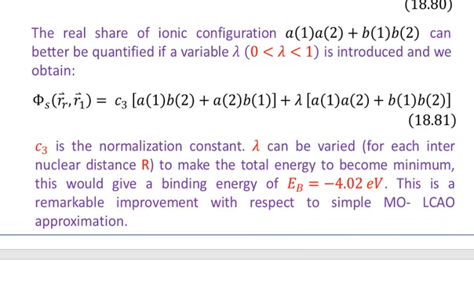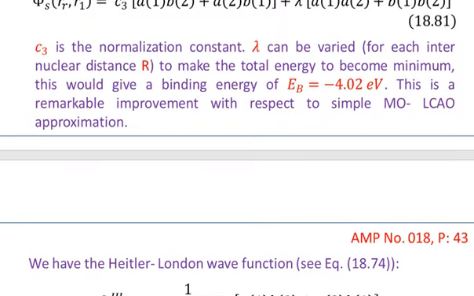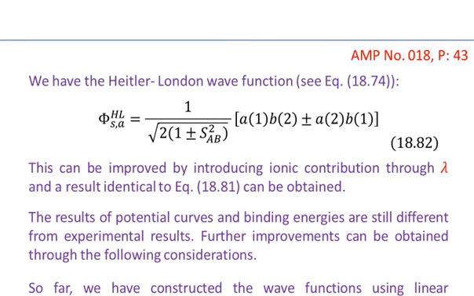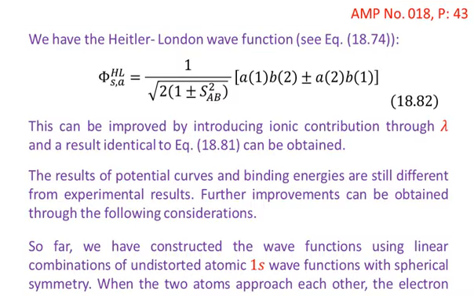That is, both the molecular orbital method under the improved LCAO approximation and the improved Heitler and London approximation, which includes the ionic contributions, yield the same result.